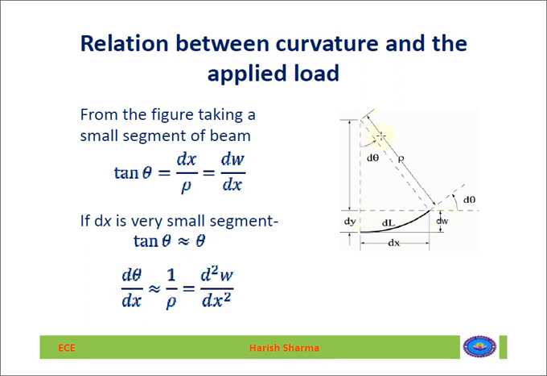Because this angle is d theta, and this is 90 degrees. By the geometry, this one is also d theta, because it is also making 90 degrees with this one. So again this is d theta, and we can write tan d theta equal to dw by dx.